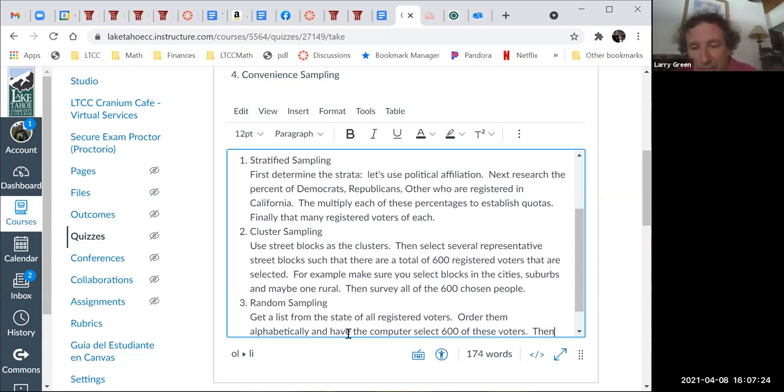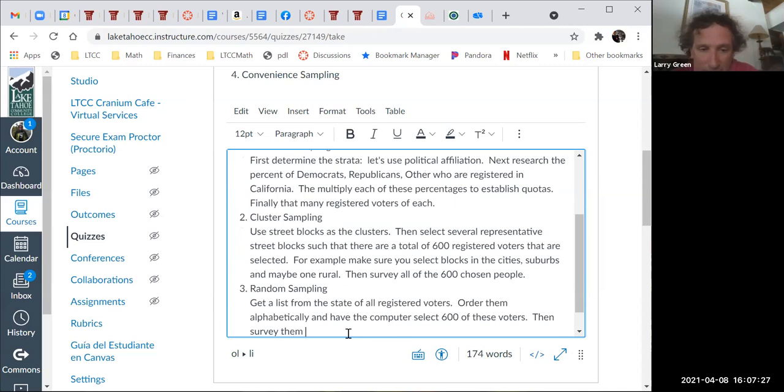Then survey them. Any questions on random sampling? I do want to give you a big warning. It's the easiest one to describe and the hardest one to do. Random sampling is really hard in terms of the real world.